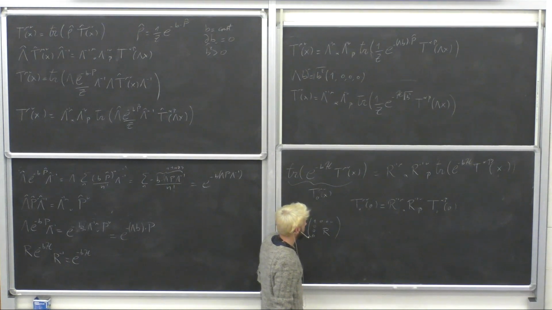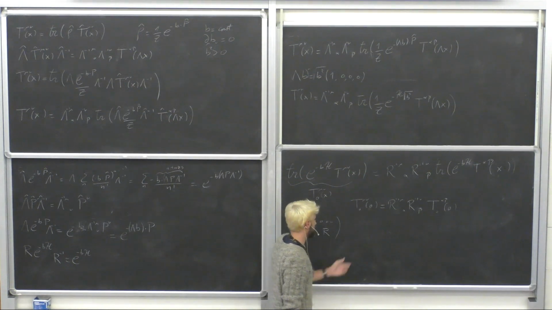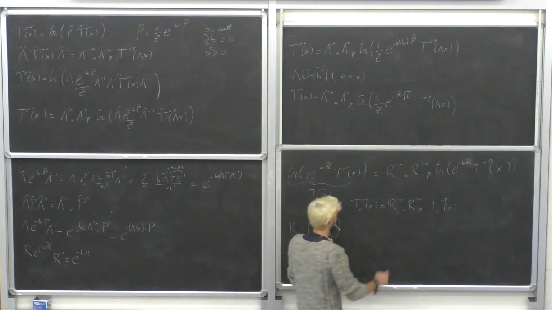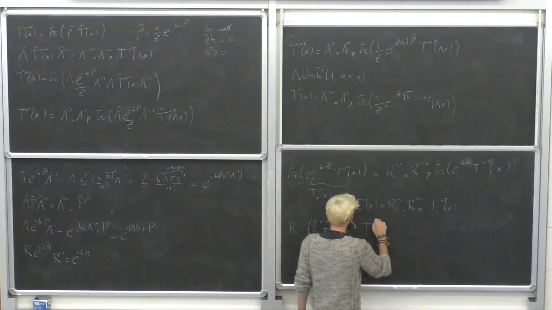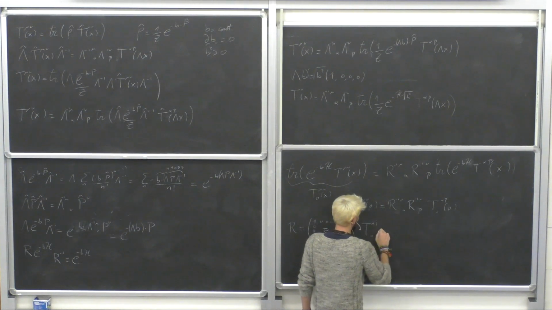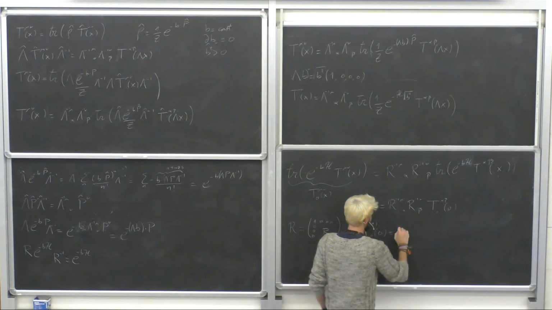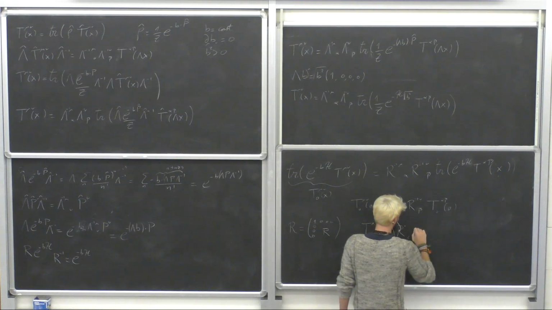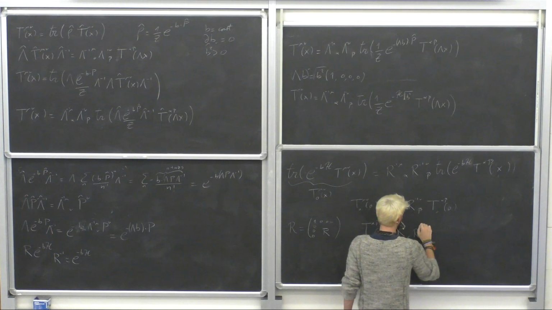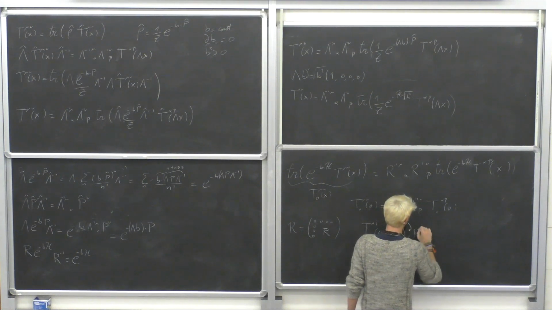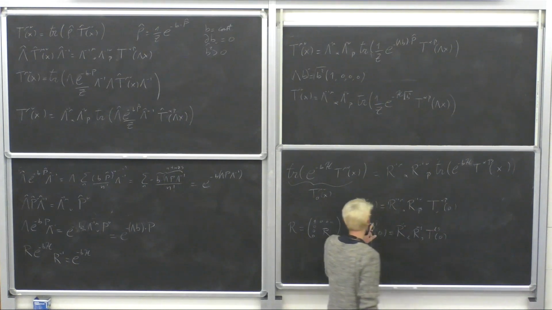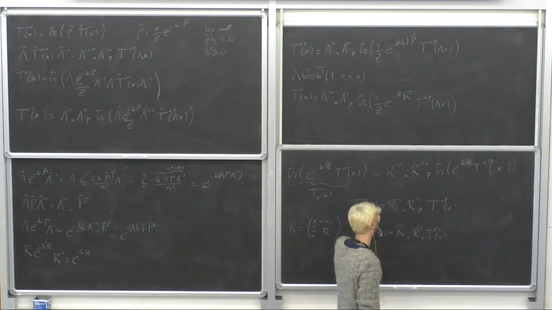At this point we can realize that the space components of T^{μν} are such that T^{ij}_0 at the point 0 is equal to R^i{}_l R^j{}_s T^{ls}_0, where i, j, l, s go from 1 to 3.